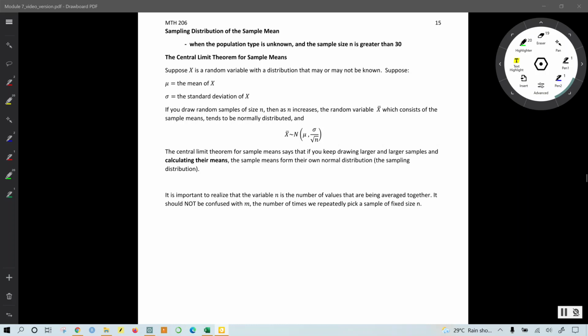We are now ready to consider instances when the parent population is not normally distributed and we are required to compute probabilities associated with the sample mean. In other words, we're just simply going to learn the conditions under which we can still use this formula highlighted on your screen.